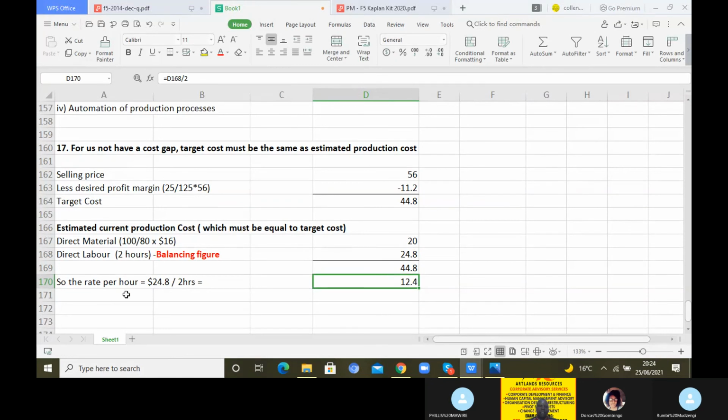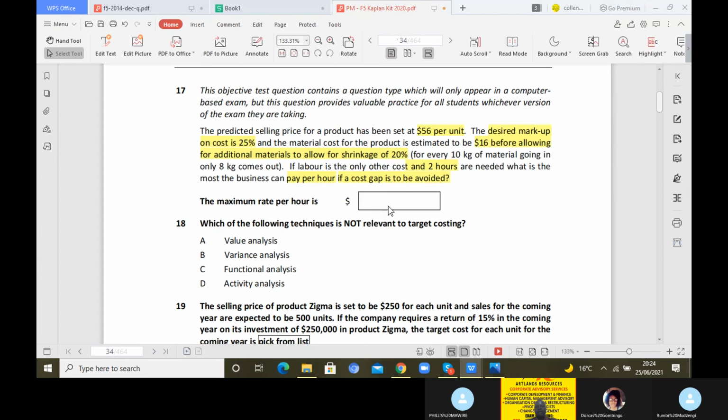The labor rate per hour, which is what the examiner was asking, is $12.40. So you would come to this fill-in box and just type $12.40.